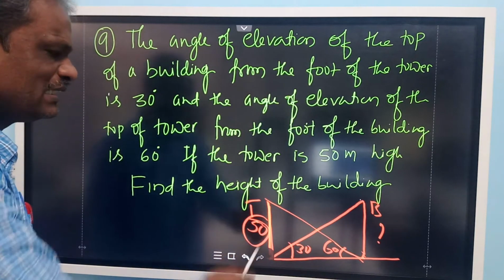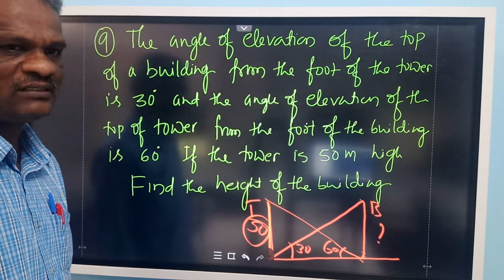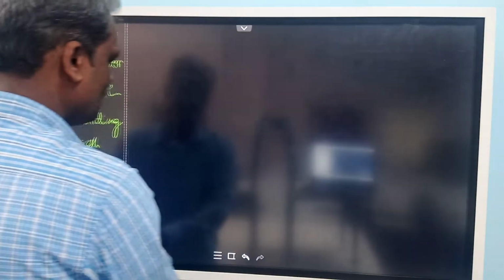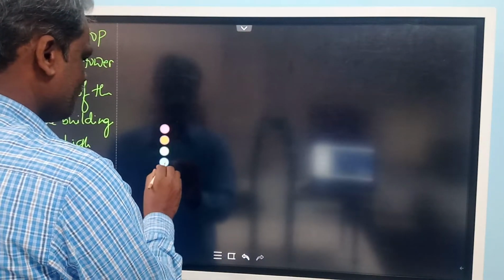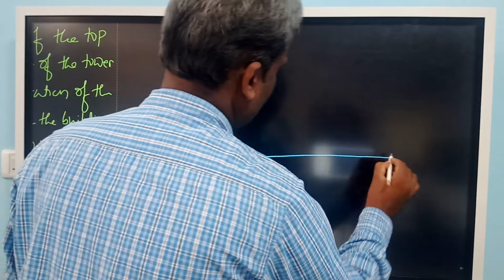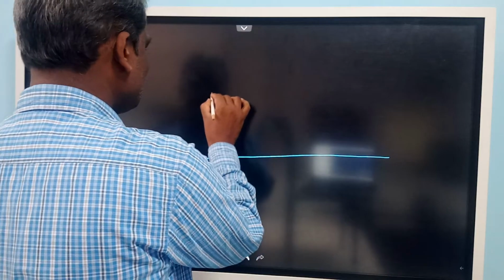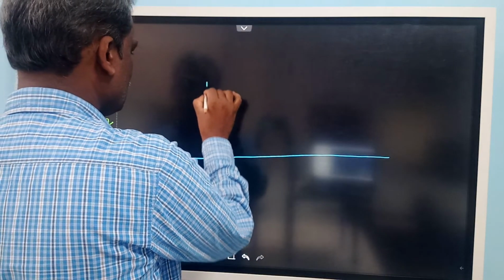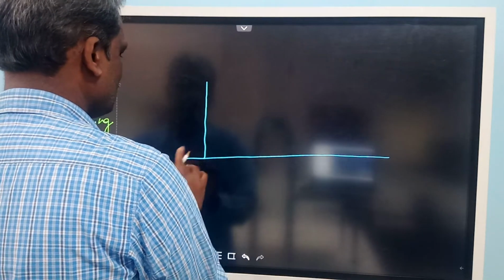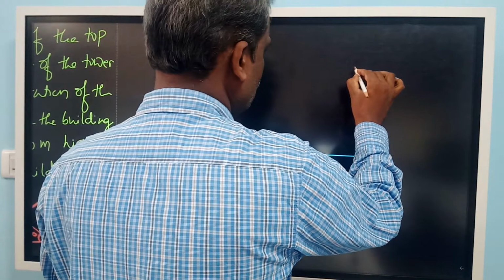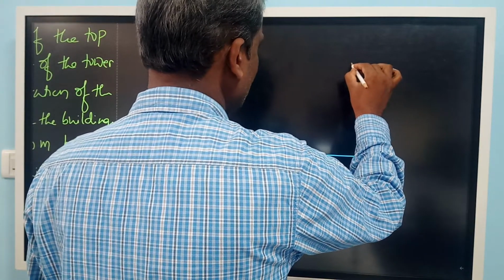So this is how the diagram will come. First imagine whatever diagram will come, then accordingly we can draw it. Now let me draw a diagram. A horizontal line will be the earth surface. On one side a tower is there, let us call this AB. On the other side, a building will be there.